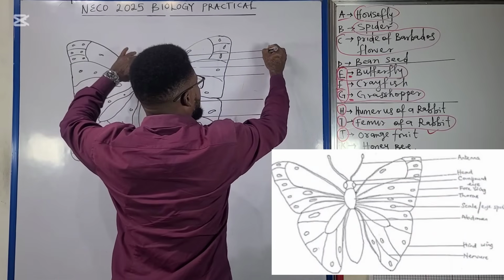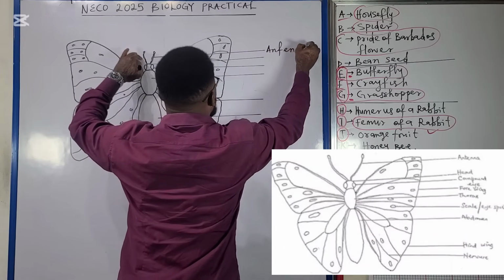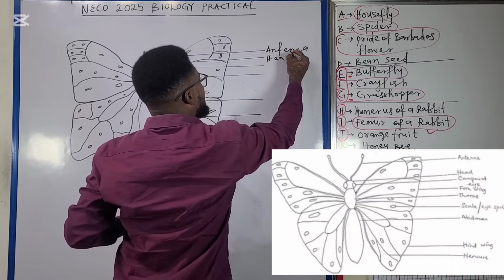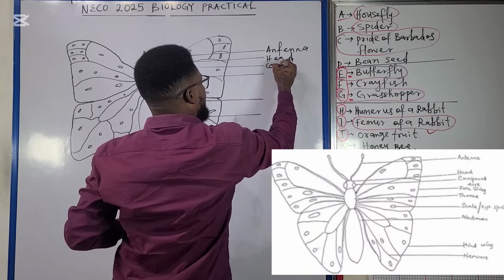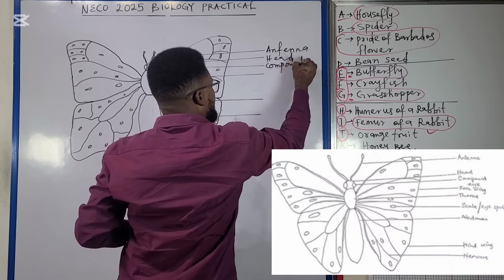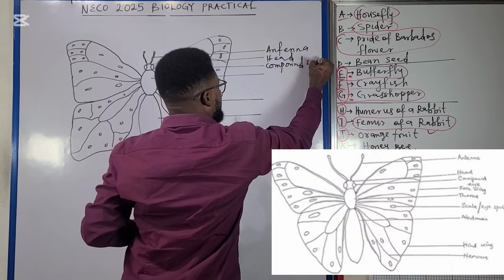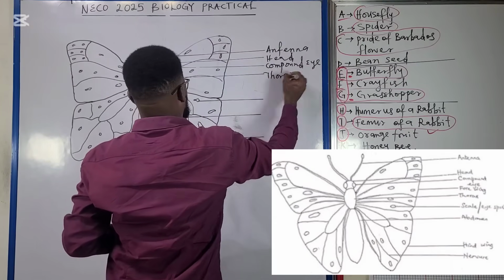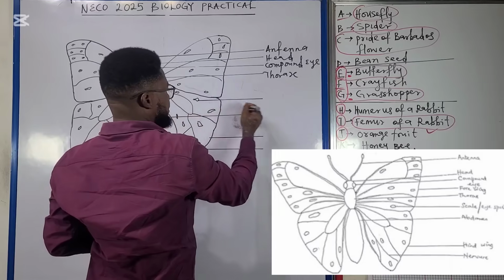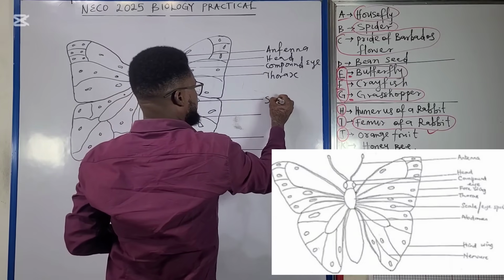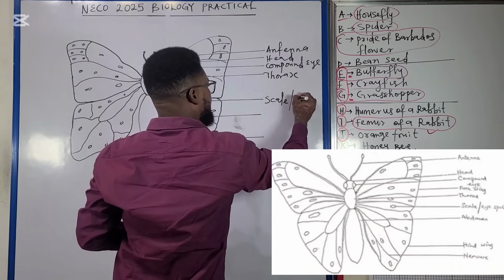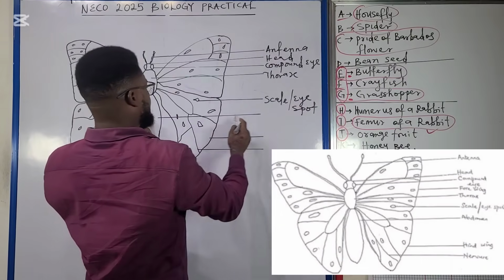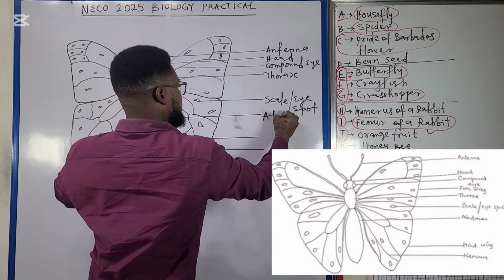This here is the antenna. This is the head. This is the compound eye. This here is the thorax. This here is the scale, otherwise known as eye spots. This here is the abdomen.